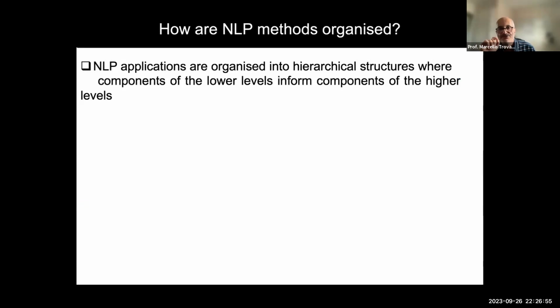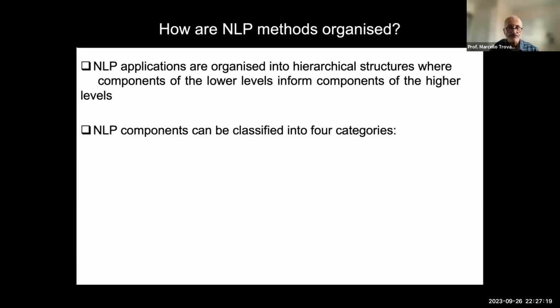So what happens within any system? And this is also the base, as I said, of any generative artificial intelligence technique. We want to find a structure, and in order to find a structure, we need to find a hierarchical structure.